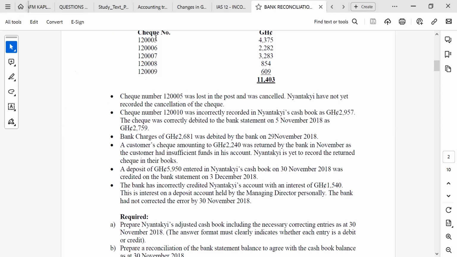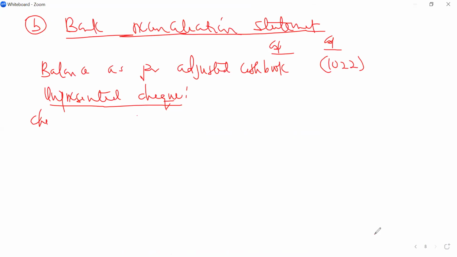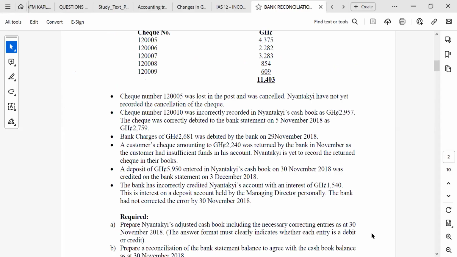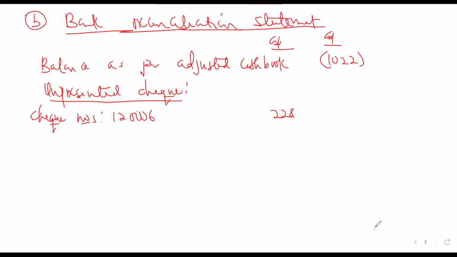So the first one is 12006. How much is that? 2282. Is that correct? Okay, so we have 2282.